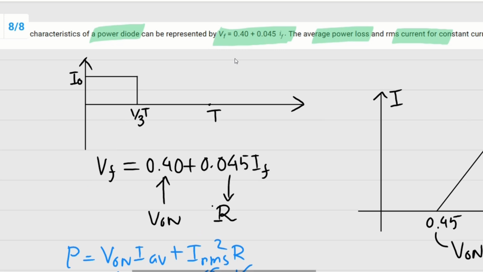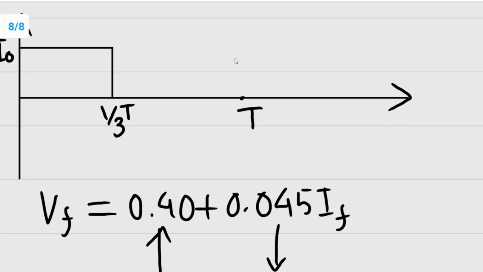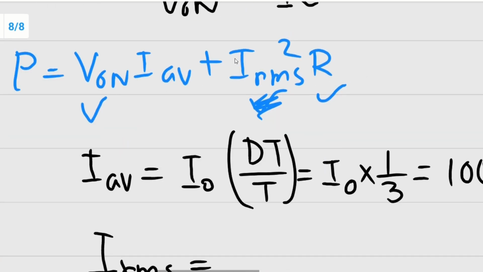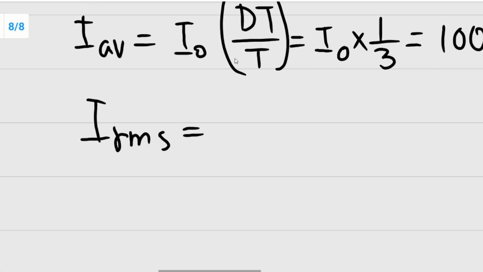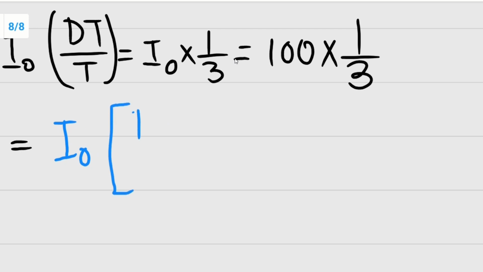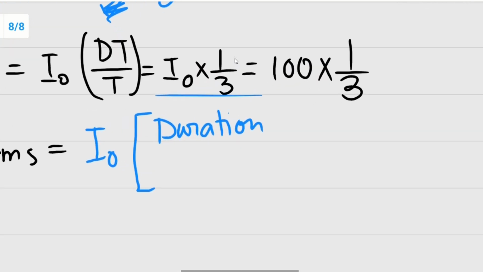Now for the RMS current, we have to use a trick. What will be the RMS current if this is a full wave? It will be simply I naught. So first of all, we write the RMS current for the full wave. It will be I naught times root over the duration of the current, that is the unknown, over the total period.